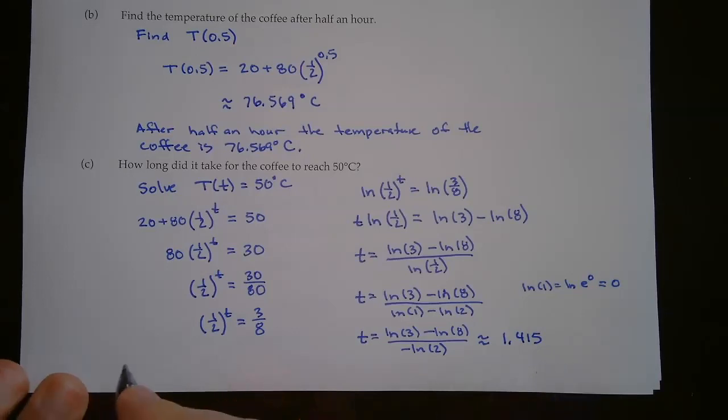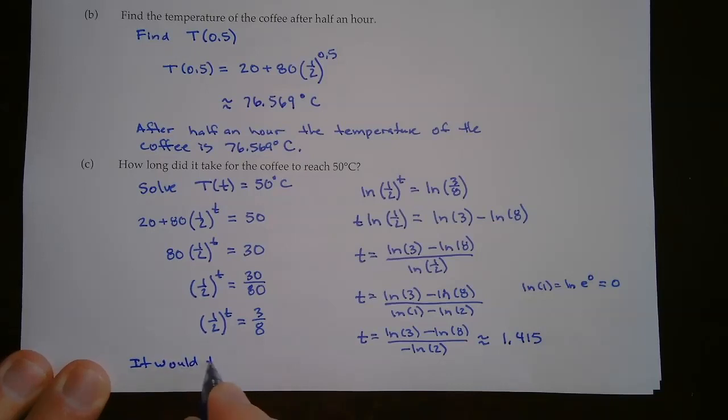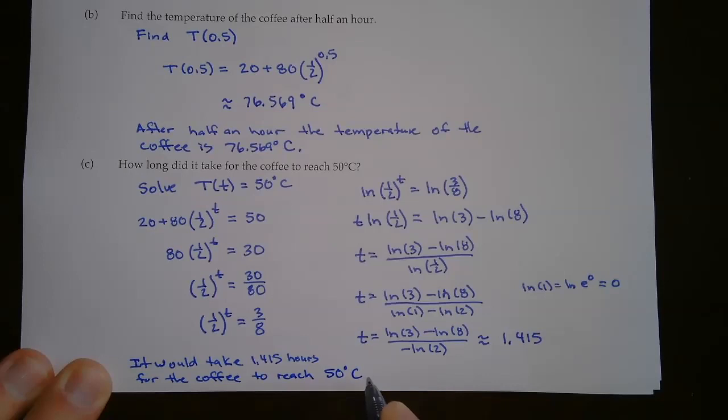Okay, so it would take 1.415 hours for the coffee to reach 50 degrees Celsius. Okay, and that's the end of our examples for today.